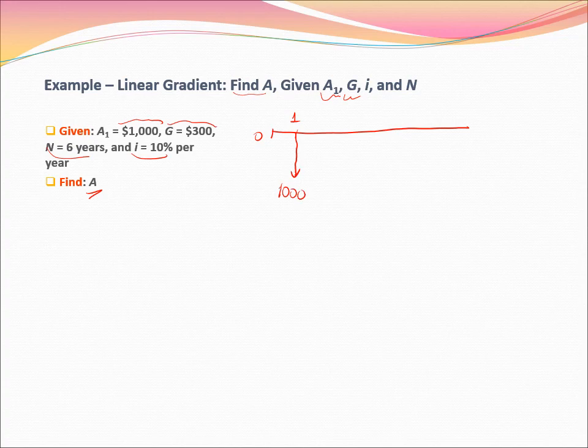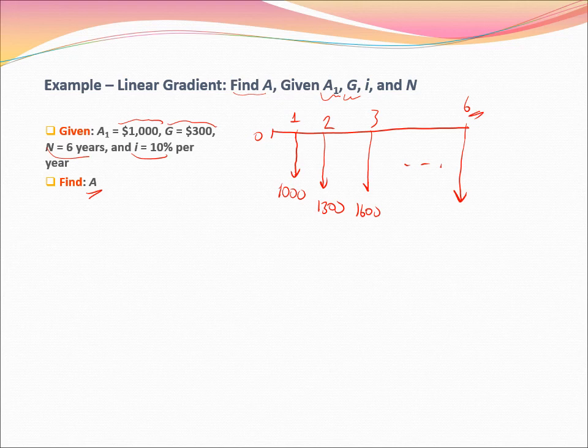Then, starting from the second year, I am increasing this value by $300. And in the third year, I am increasing it again by $300, and I continue to do this by increasing $300 until the end of the sixth period.